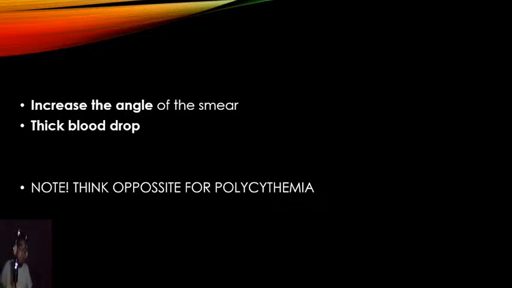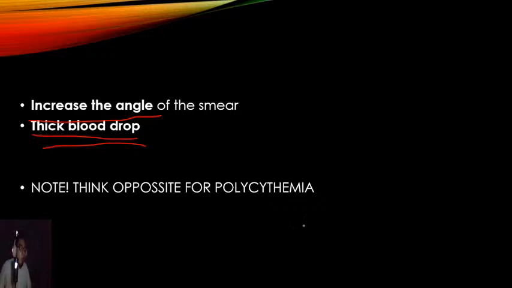Based on your knowledge, if the RBC count is low, the patient would be anemic, and you select the best way to create a blood smear for this patient. Do I make a thin or a thick blood drop? These are the cases where you increase the angle when smearing, because the blood drop is thicker.